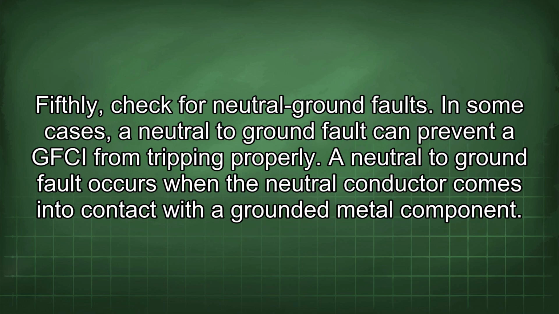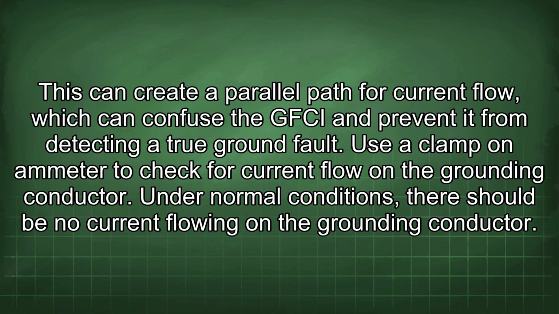Fifthly, check for neutral to ground faults. In some cases, a neutral to ground fault can prevent a GFCI from tripping properly. A neutral to ground fault occurs when the neutral conductor comes into contact with a grounded metal component. This can create a parallel path for current flow, which can confuse the GFCI and prevent it from detecting a true ground fault. Use a clamp-on ammeter to check for current flow on the grounding conductor.